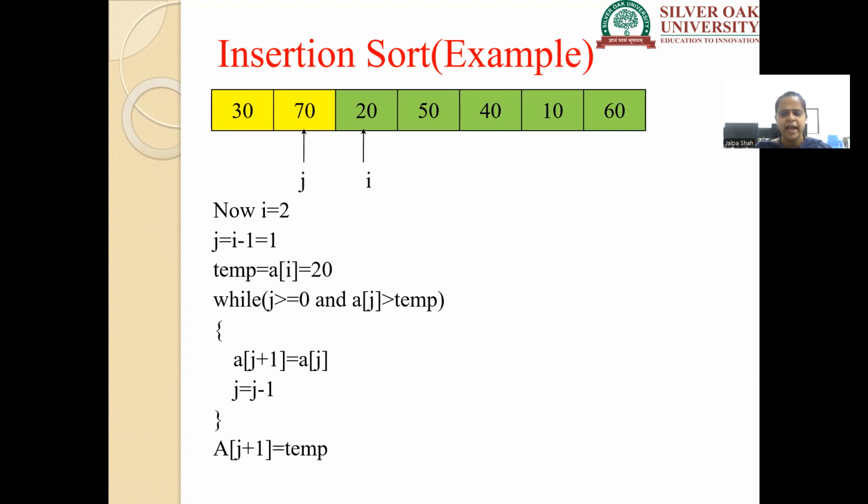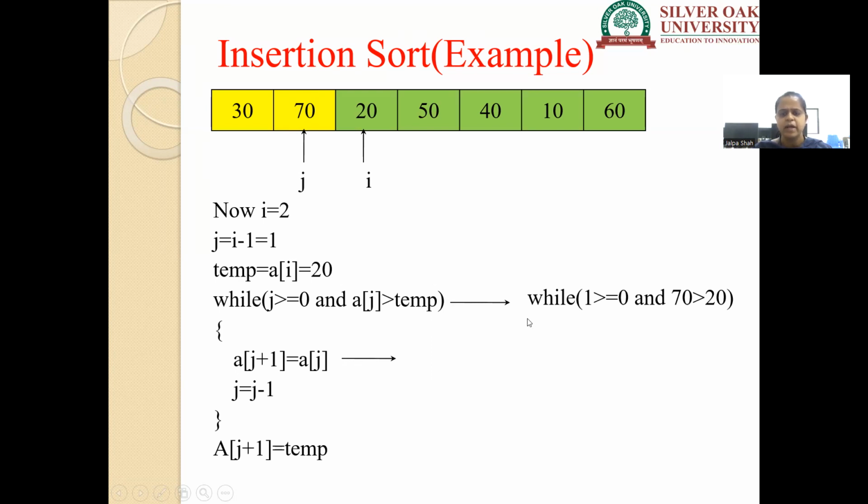So here we are taking I equal to 2. J equal to I minus 1, that is equal to 1. Temporary equal to A of I, that is 20. So while J is greater than or equal to 0 and A of J is greater than temporary, then A of J plus 1 equal to A of J, J equal to J minus 1. Here first, let's do the comparison. J is 1, so 1 is greater than or equal to 0, and A of J is 70 and temporary is 20.